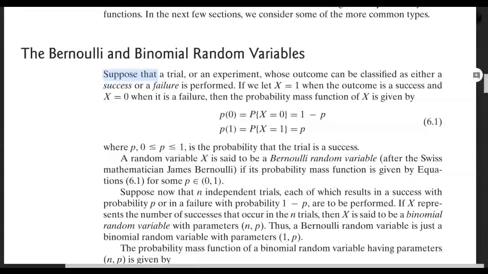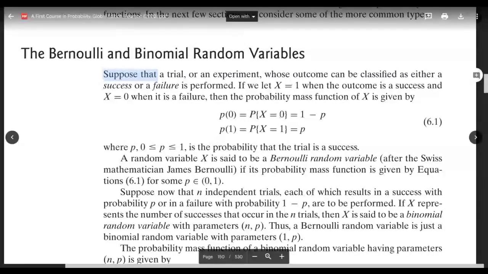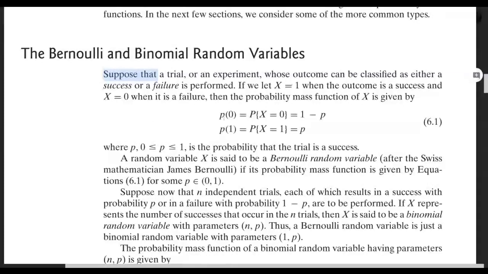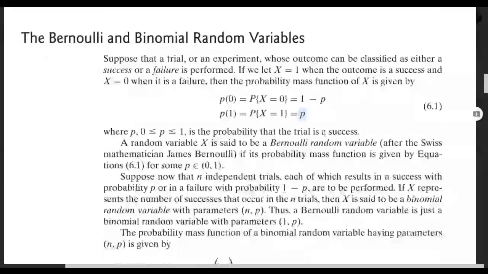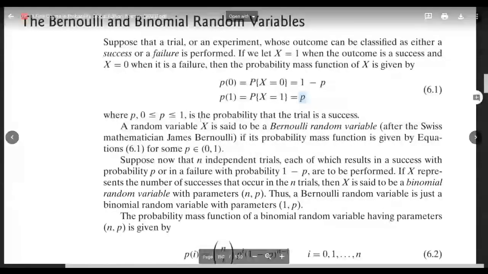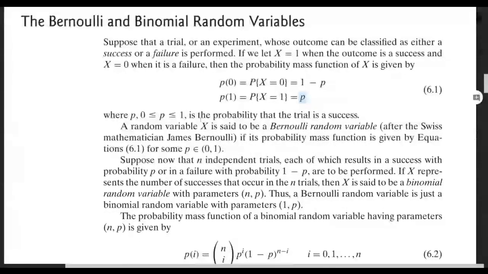If we let X equal 1 when the outcome is a success and 0 when it's a failure, then the probability mass function of random variable X is given by: probability of 0 is 1 minus p, and the probability of 1, that means random variable equals 1, is p. While p is from 0 to 1, including 0 and 1, is the probability that the trial is a successful one.